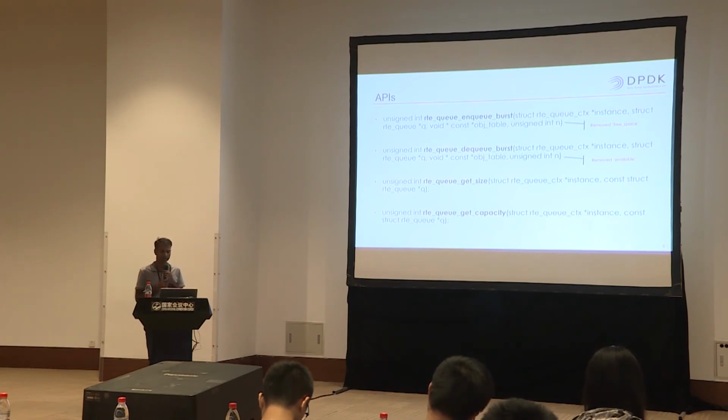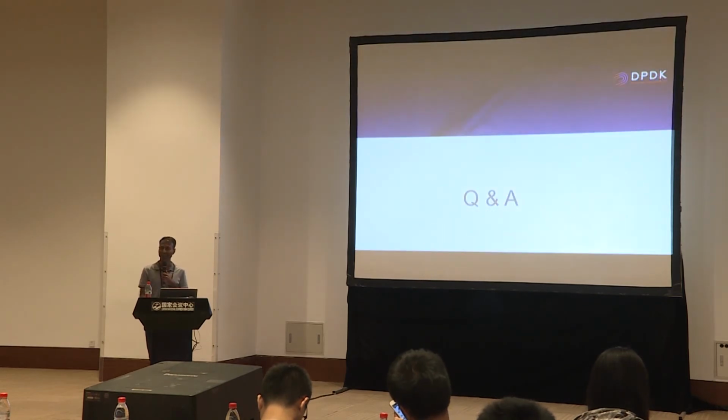So at this point, I have tried to keep it very simple, just to exchange the idea with the community. I have sent out the RFC yesterday. Feel free to provide your comments if you think it's good or bad, and we'll see how it goes. So that's it from my side. Any questions?